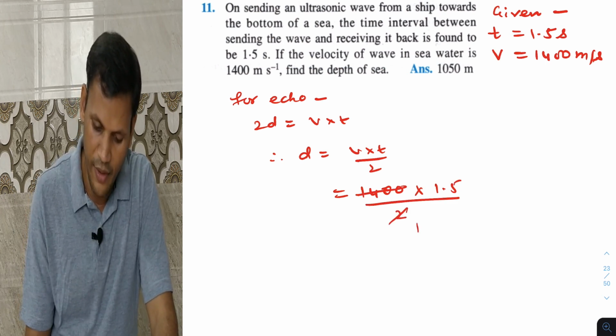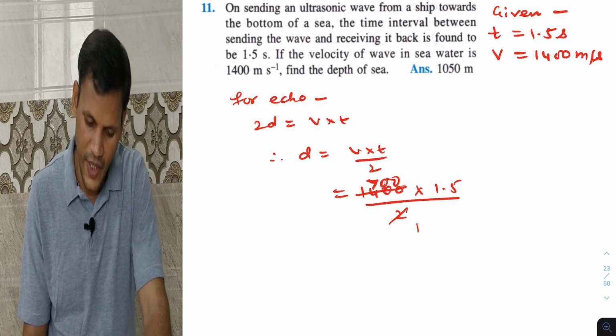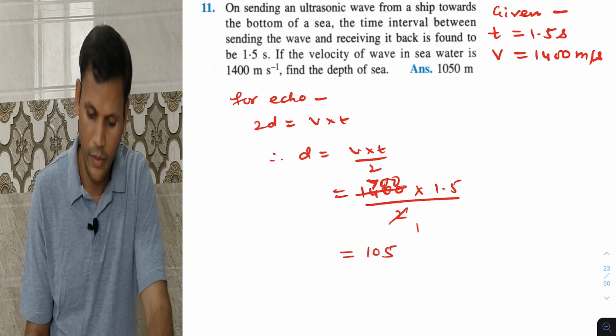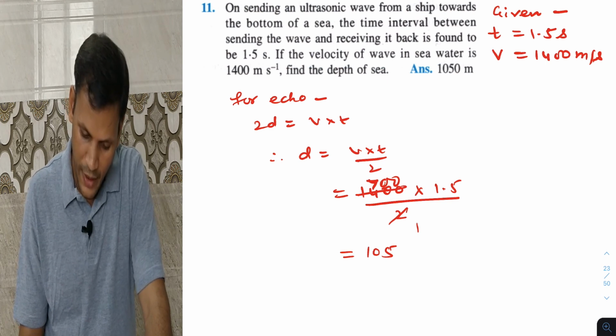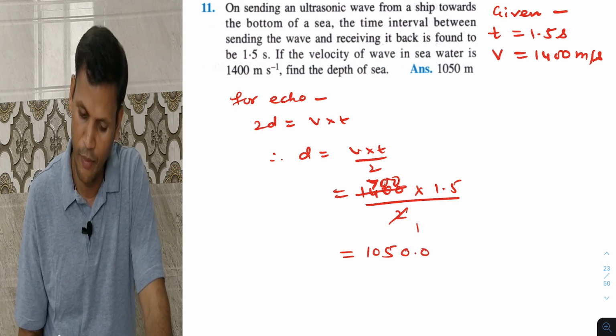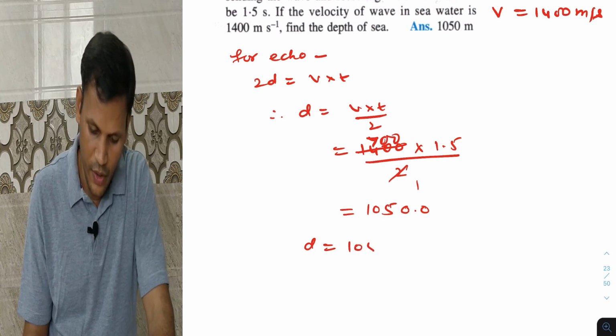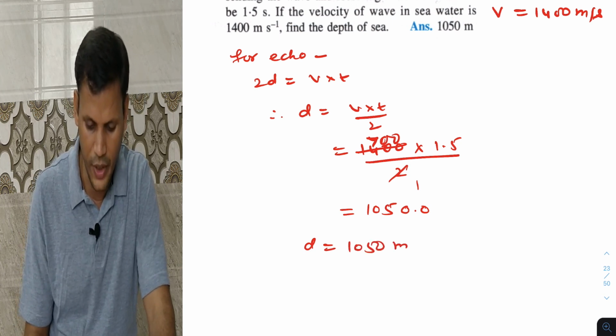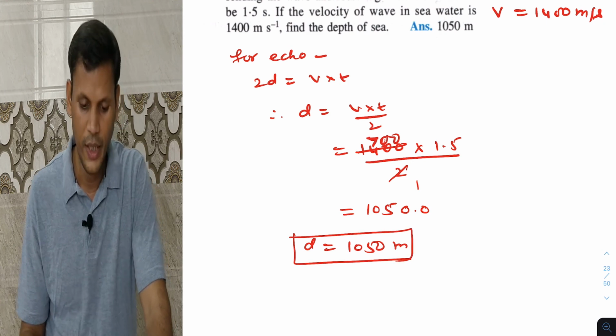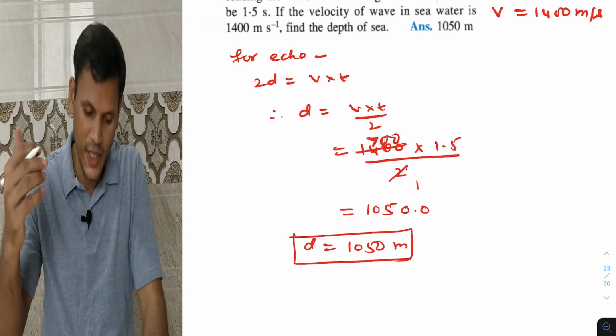This will be 700 and 15 sevens are 105 and 2 zeros and decimal at one place. So we will get distance is equals to 1050 meter. Okay, this will be the depth of the sea.